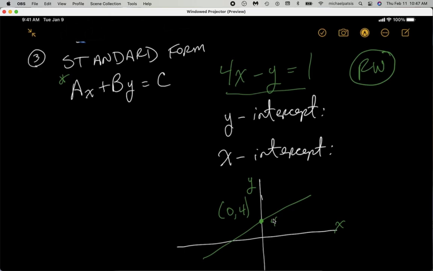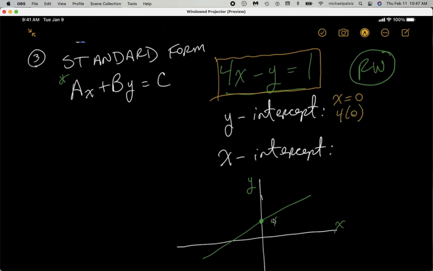So what you do to find the y-intercept is you find the point where x equals 0. So where does x equal 0 for this equation? If x equals 0, then you have 4 times 0 minus y equals 1. 0 minus y equals 1.